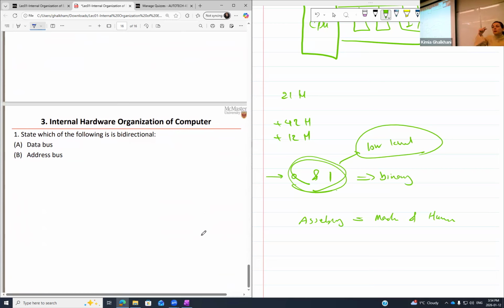It simply means some of them are input and output both, some of them are only input, some of them only output. Which one? Data bus or address bus? Data bus. The data bus shows me which of my registers, and all the registers in the microcontroller in the lab are connected to the data bus.